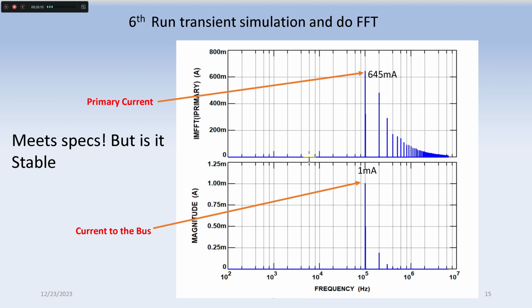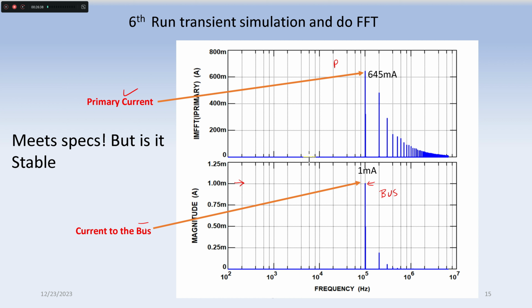Okay, so here is the results of the simulation. This is the primary current. Well, you can see it right there, 465. And then you can see this is just at about 1 milliamp of current, and this is what's going into the bus.